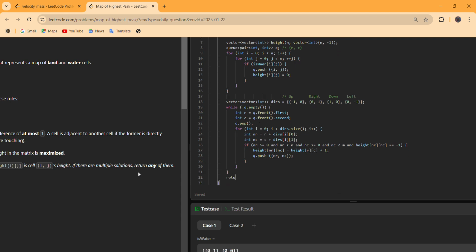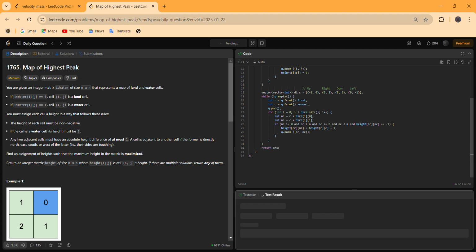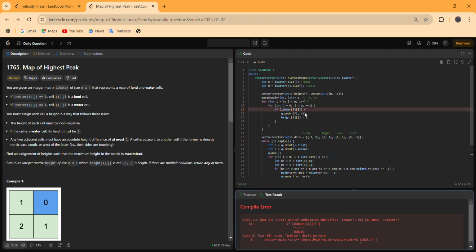Then finally we can return our answer, and let's check if it is running fine or not. A little mistake in that.